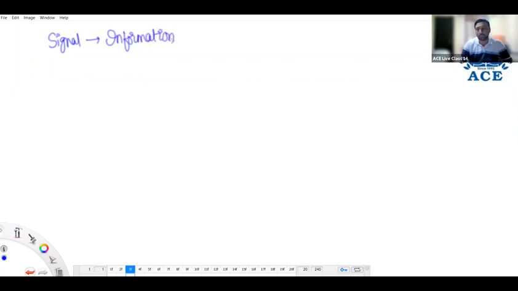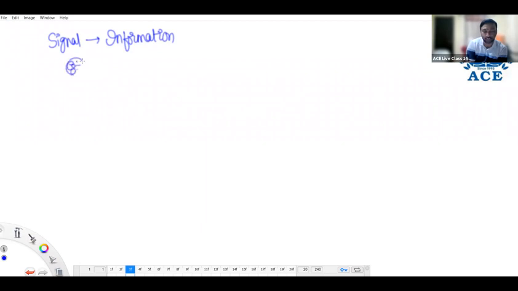Any physical quantity that is changing has some information. But what is information? Randomness is information. Whatever we don't know, from that we extract some information, and that is called a signal.